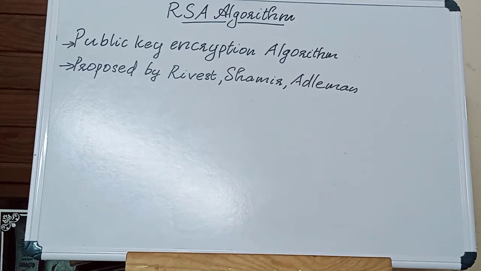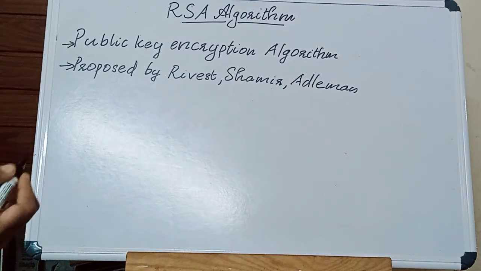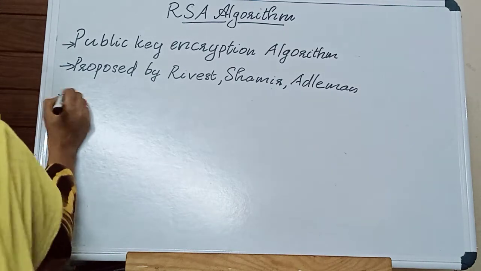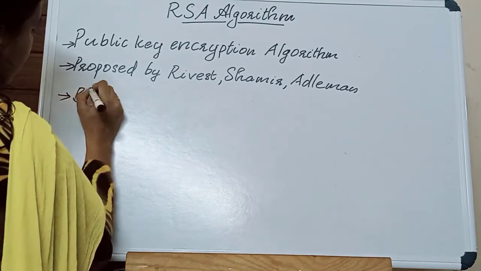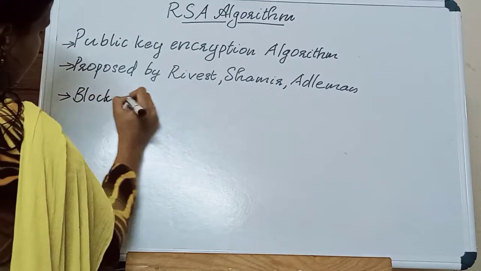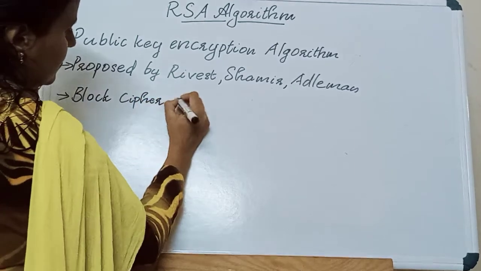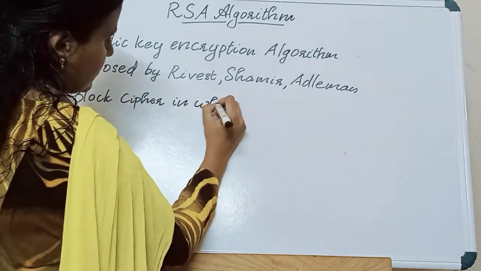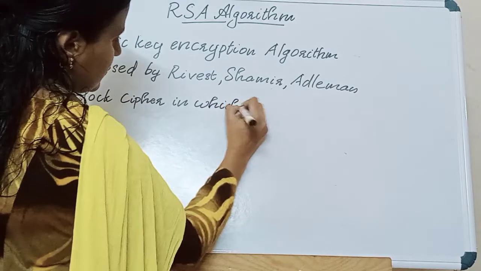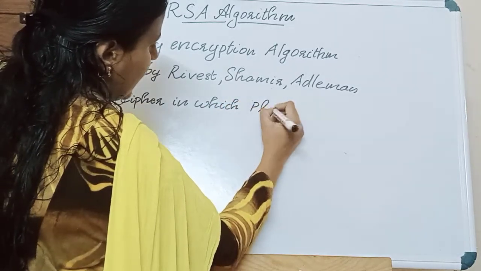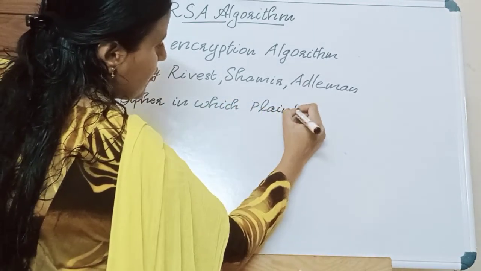RSA algorithm is a block cipher. It is a block cipher algorithm in which plain text and ciphertext are integers.